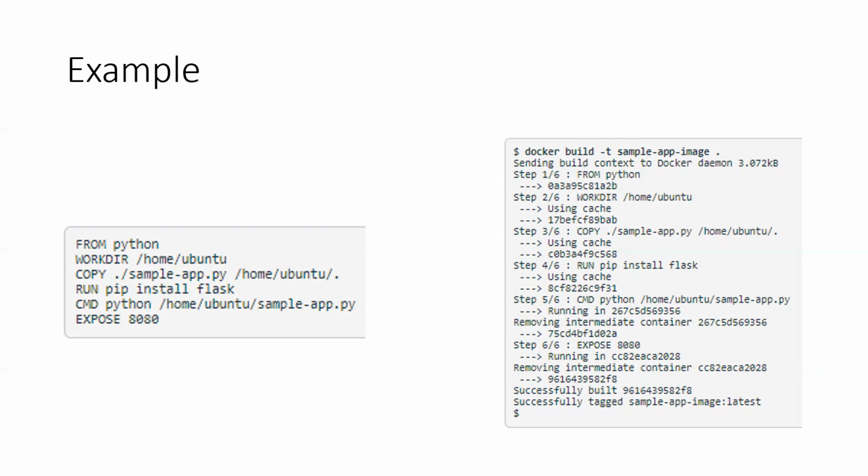Between steps such as executing a command, Docker actually creates a new container and builds an intermediate image, a new layer, by saving that container. In fact, you can do that yourself by creating a container, making the changes you want, then saving the container as a new image.